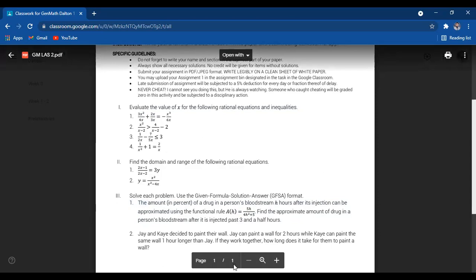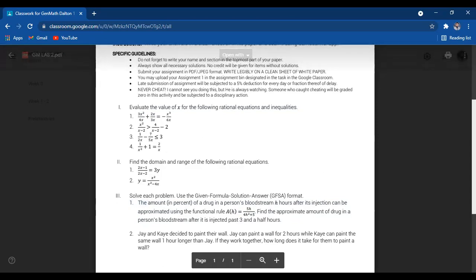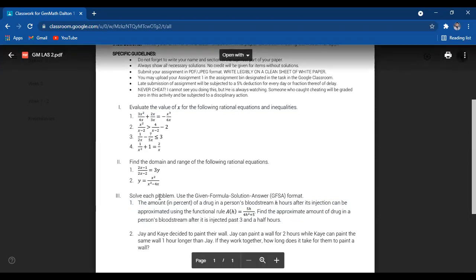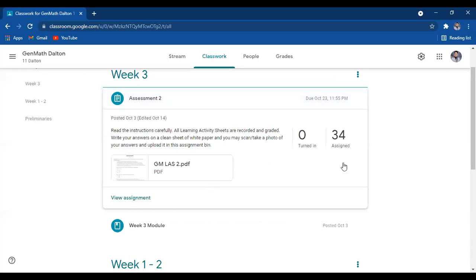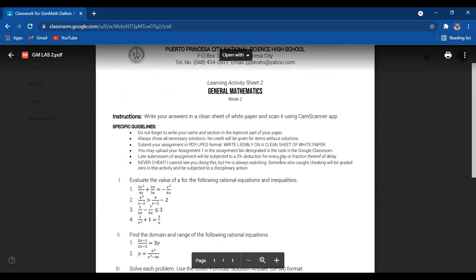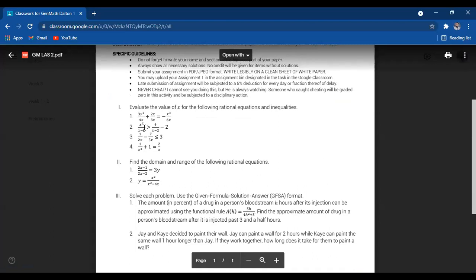Isusulat ko yung bonus ha. I-message ko sa GC ninyo. Okay, ang bonus po is yung part 2 and yung part 3, number 2. Okay? Sorry po. Yes po, part 2 is bonus, yung find the domain and range. Ayan, nakuha po? Yes, sir.